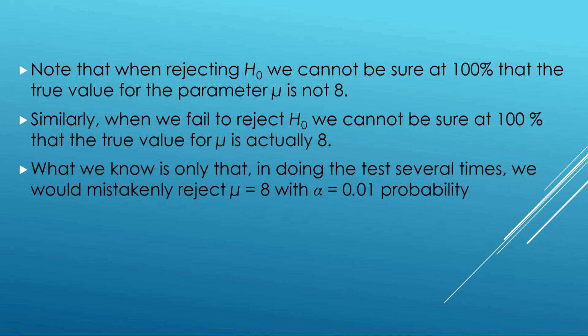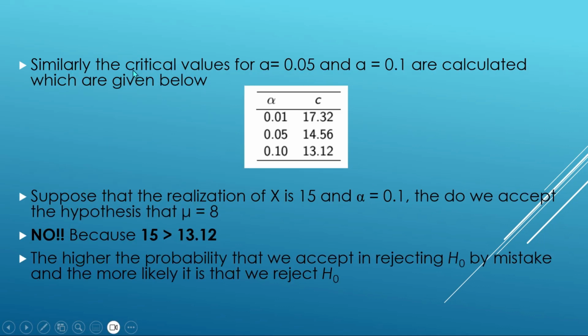What we know is only that in doing the test several times, we would mistakenly reject mu equal to 8 with alpha equal to 0.01 probability. So what is the probability of false rejection? It is 0.01.